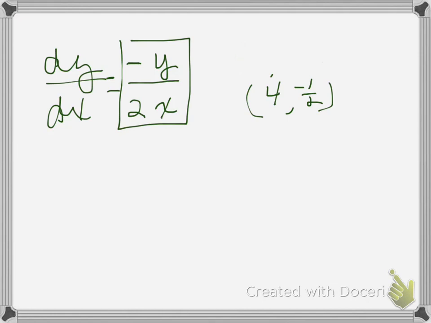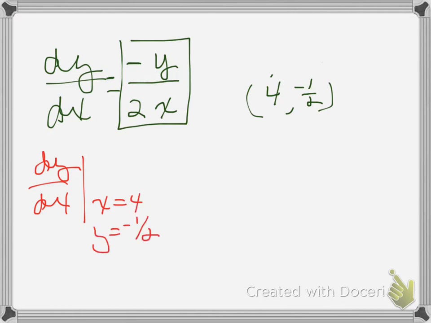Okay, so now I have pretty much what I need to start working on this. So now I still want to do y minus y1 equals m times x minus x1, but I need to figure out what my slope is at this point. So let's see what it is. Okay, dy/dx evaluated where x is 4, but now y is negative 1/2, gives me, instead of having a negative 1/2 in the numerator, I now have a positive 1/2 over the 8.